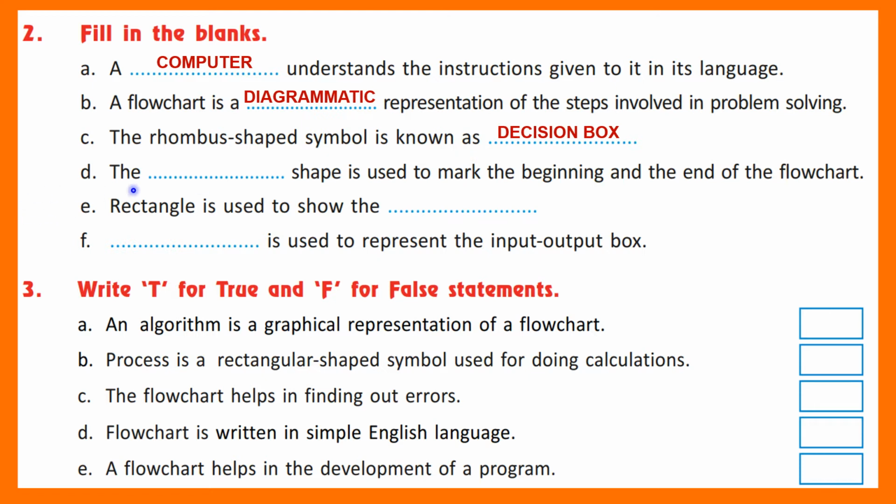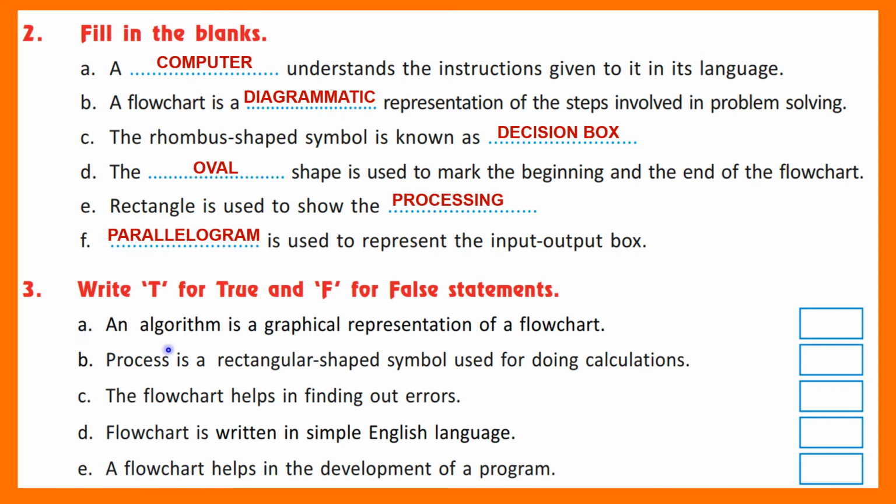D. The dash shape is used to mark the beginning and end of the flowchart. Oval-shaped symbol. E. Rectangle is used to show the processing. F. Dash is used to represent the input-output box. Parallelogram.